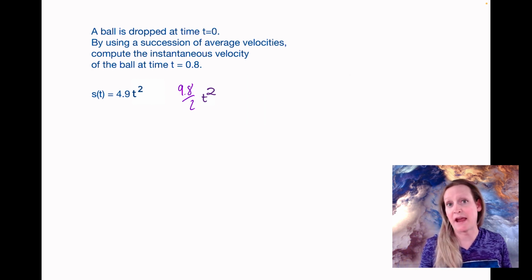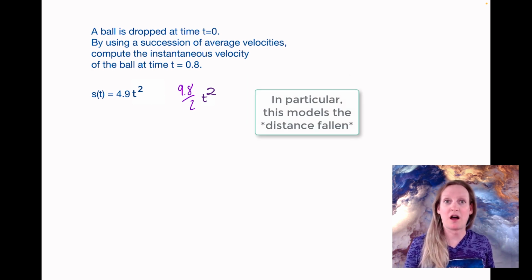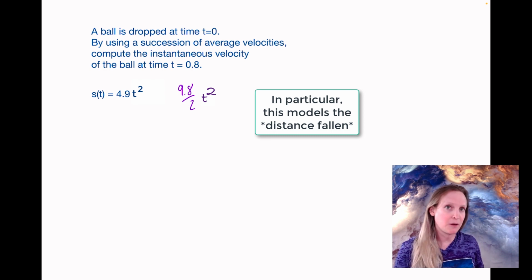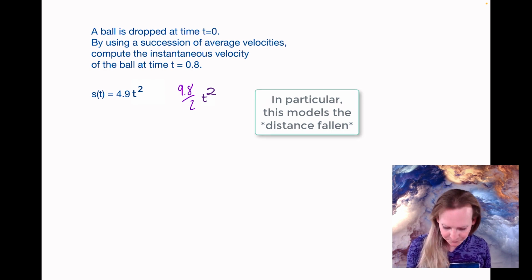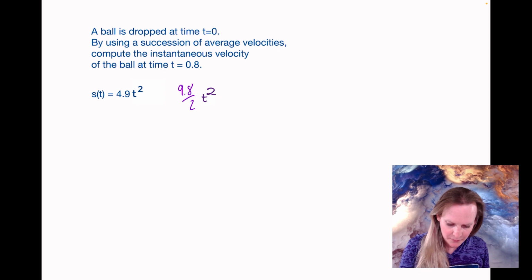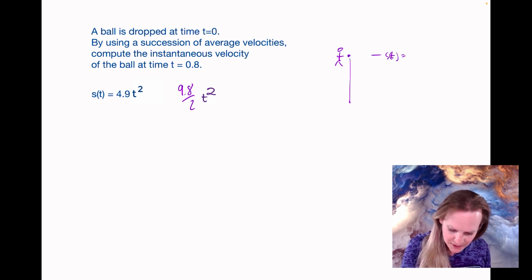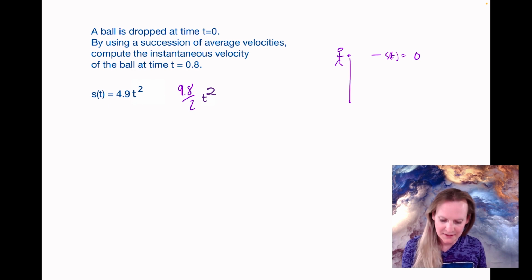So this is just the standard modeling function for an object falling under free fall on Earth. So basically there's a person and they have a ball and the ball is falling, and s of t equals 0 is at the top, and then the s-axis gets bigger as you go down. Okay?